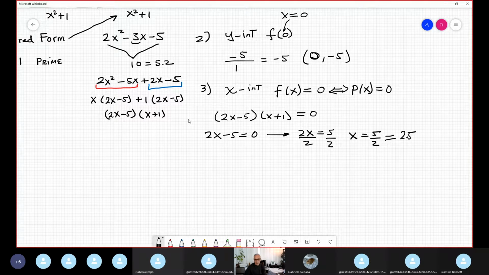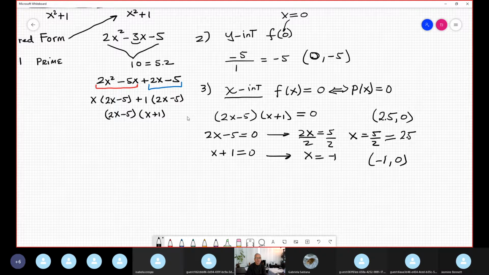Conclusion: the x-intercept, at least one, is (2.5, 0). But we have another case: x plus 1 equals 0, so x is equal to negative 1, and so we have (negative 1, 0).